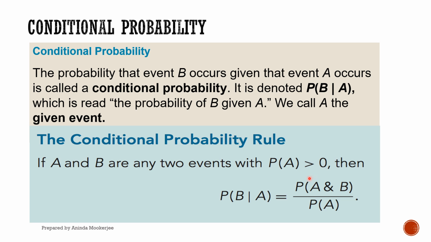That means the probability of A and B occurring together, both events happening together, divided by probability of A.